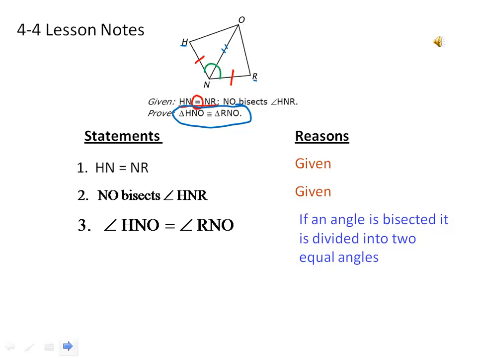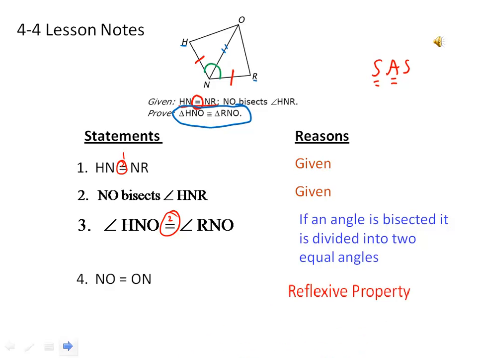All right, now here's the thing. If I want to get SAS, I need three equations that have equal symbols in them. And I've got one right here. That's the side. I've got a second one right here. That's for an angle. Now I've marked NO equals ON. And that's by, remember that property that says something equals itself?